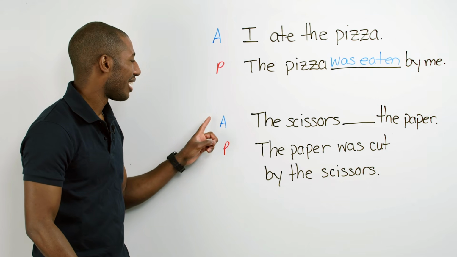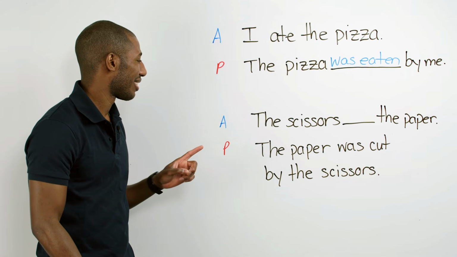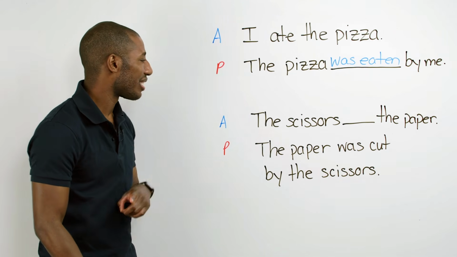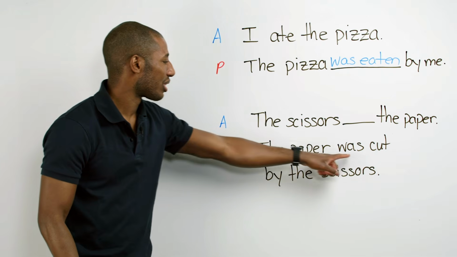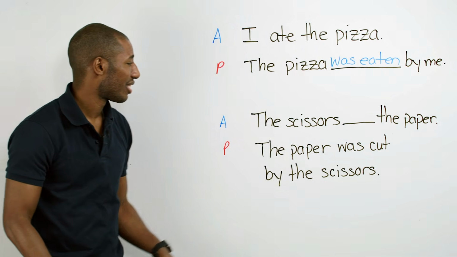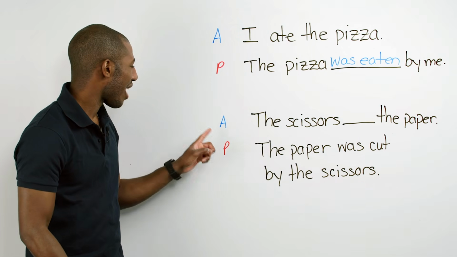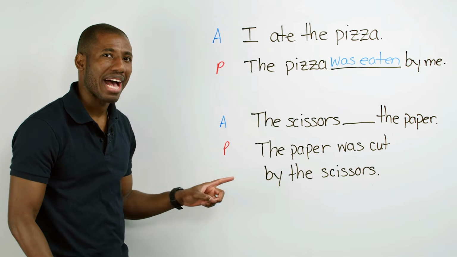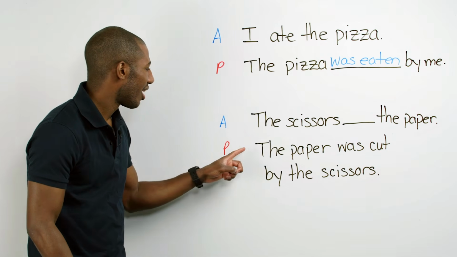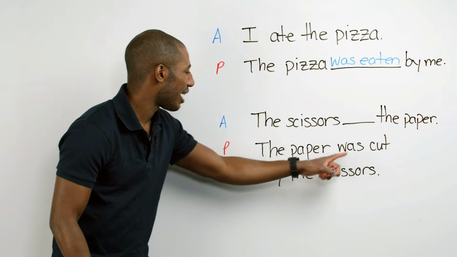This is a sentence written in the active voice. Our passive voice sentence is, the paper was cut by the scissors. Well, since we have to figure out what's in the blank for our active voice sentence, let's look at the passive one to help us with that. The paper was cut by the scissors.